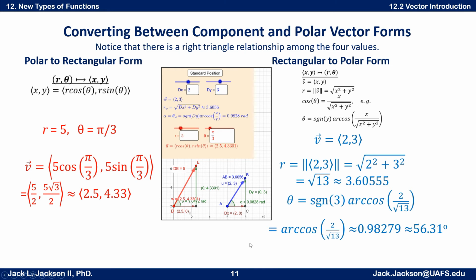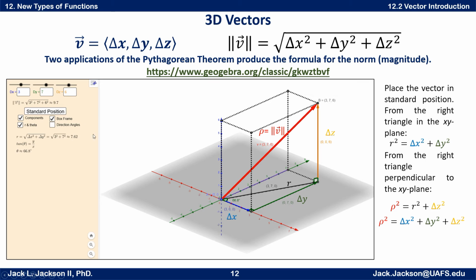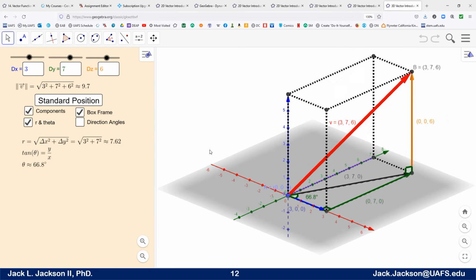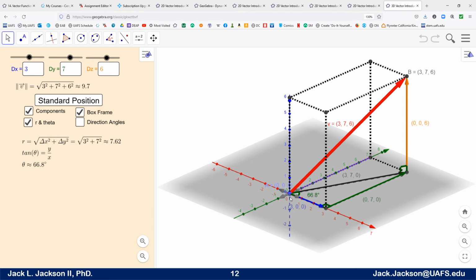All right, so that gives you an idea of what vectors are in 2 dimensions, and how we go about converting between the 2 forms. Now, we could also do vectors in 3 dimensions. Let's pull up this Geogebra app here and take a quick look at that. All right, and so here we can see this red vector.